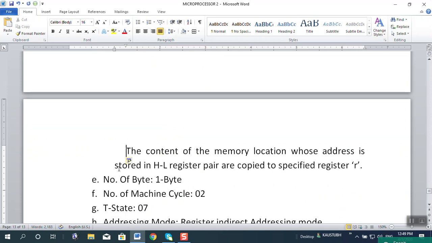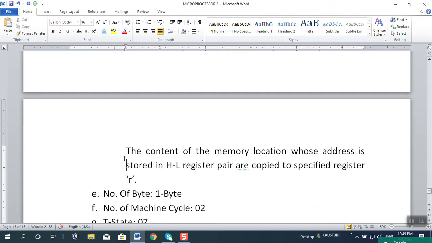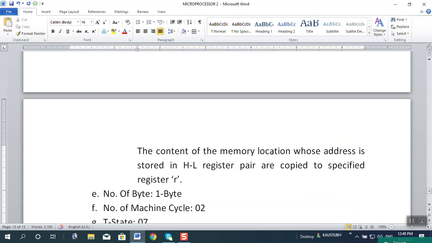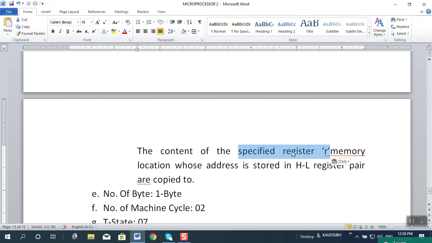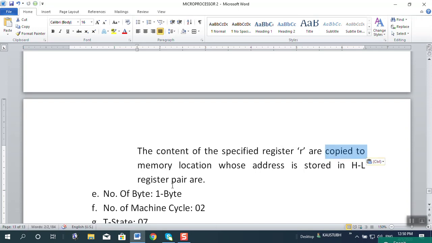So I will write the content of the specified register R are copied to the memory location whose address is stored in HL register pair.